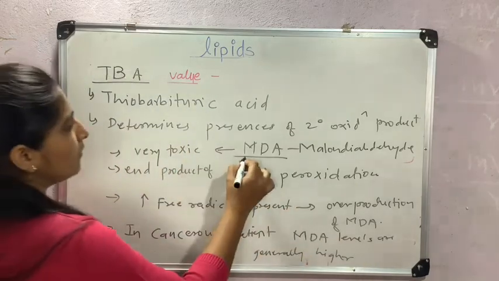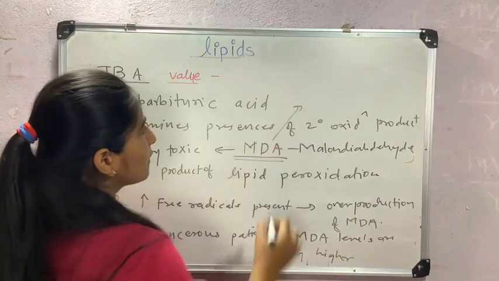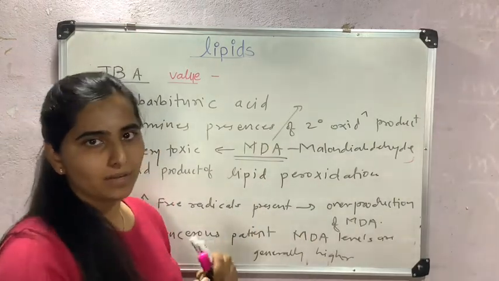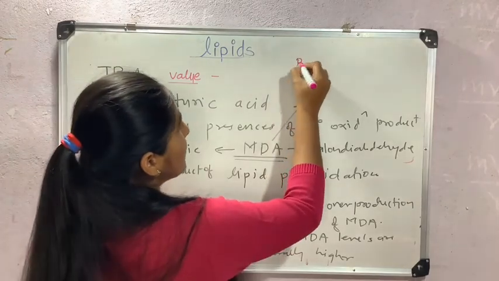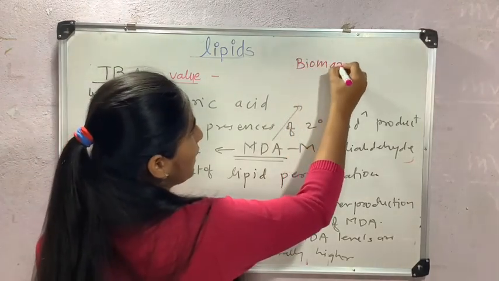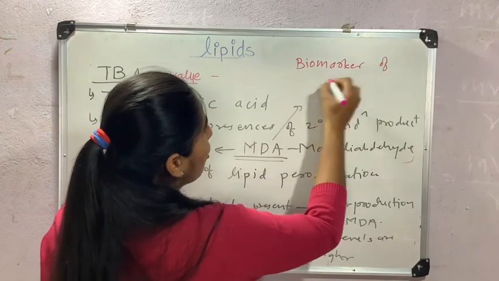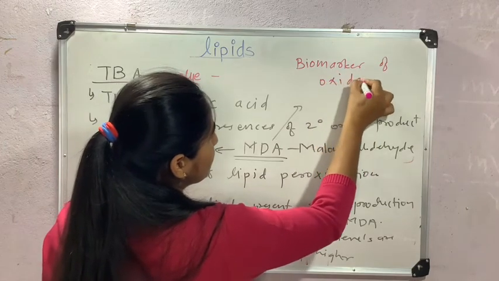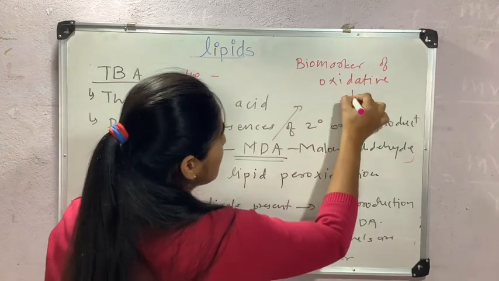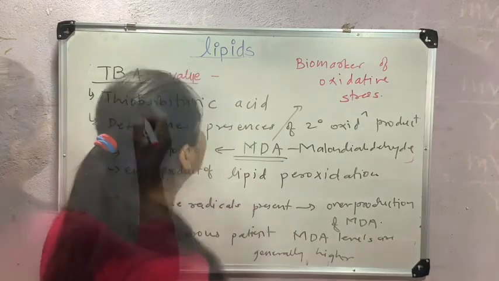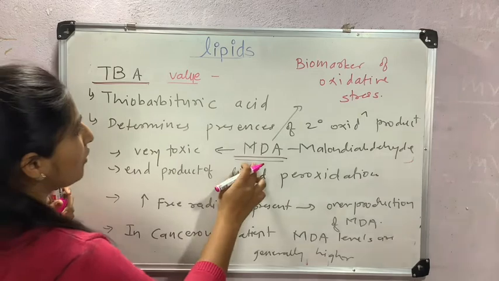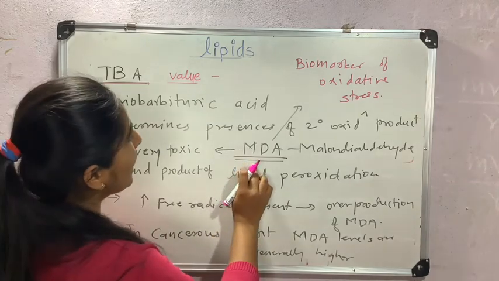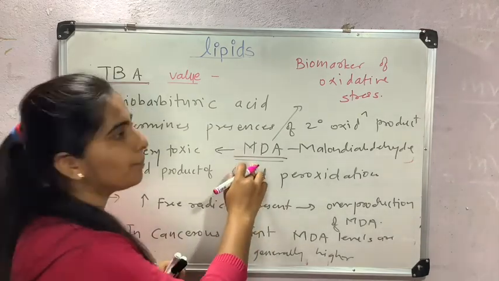This MDA is used as a biomarker of oxidative stress. And when TBA reacts with malondialdehyde, it gives a red color pigment.